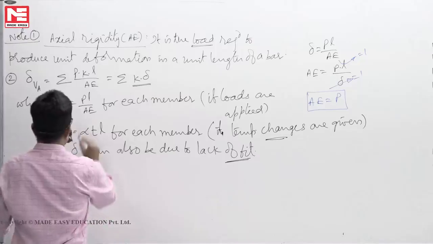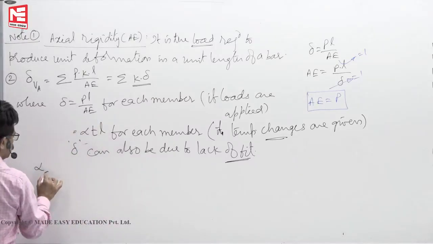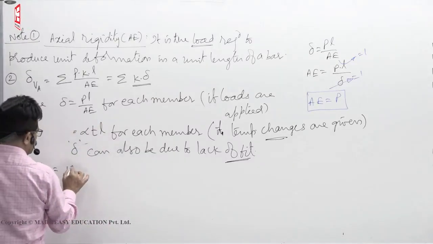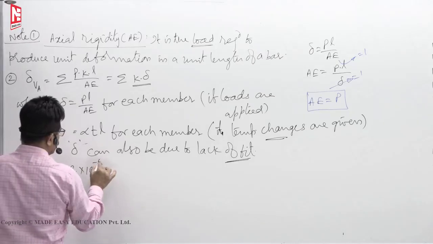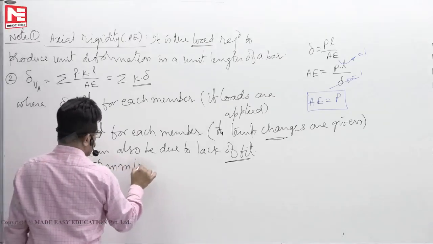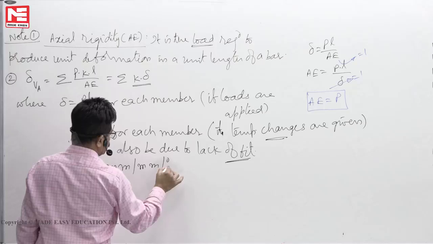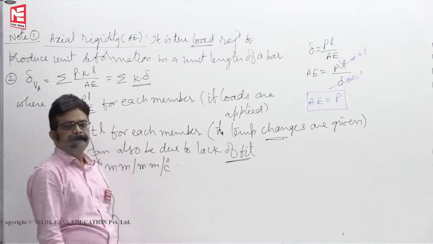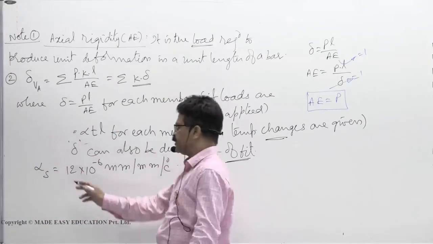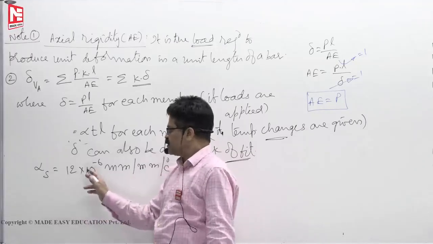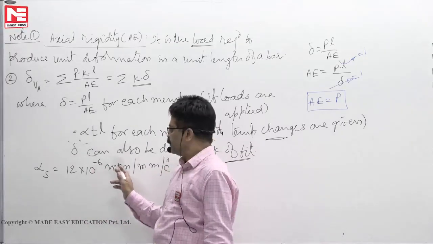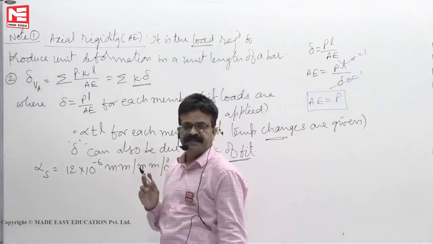Okay. Then what is this alpha? Alpha for steel is 12 into 10 to the power of minus 6 mm per degree centigrade. We have studied that the coefficient of linear expansion alpha for steel is 12 into 10 to the power of minus 6 mm per degree centigrade.